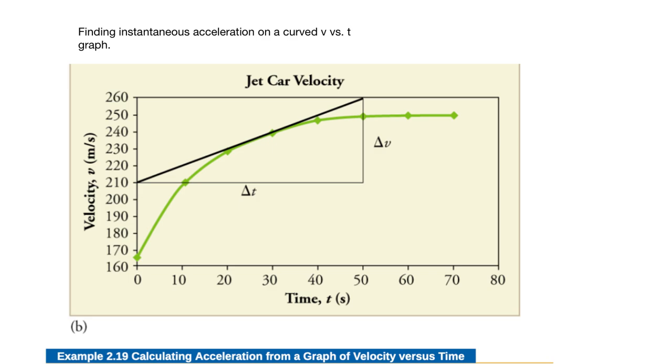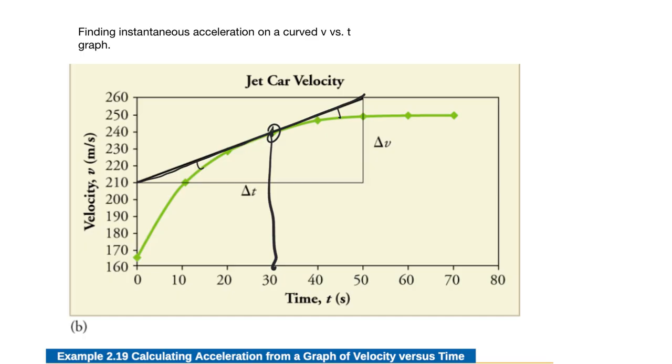So this is showing, at this point, which looks like 30 seconds, what is the instantaneous acceleration? Okay, so I try to draw a tangent which touches the graph at one point, and it kind of, I don't know how to call it, looks like a bow tie even on both sides of the knot.